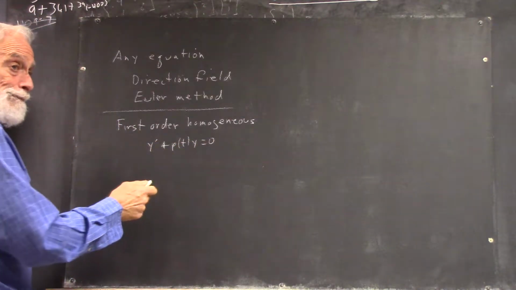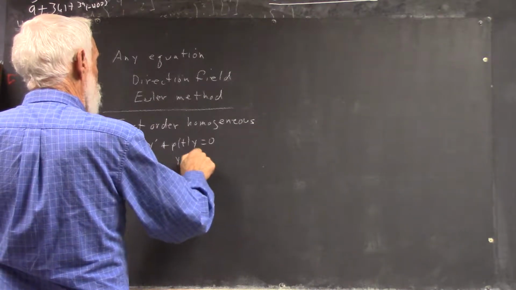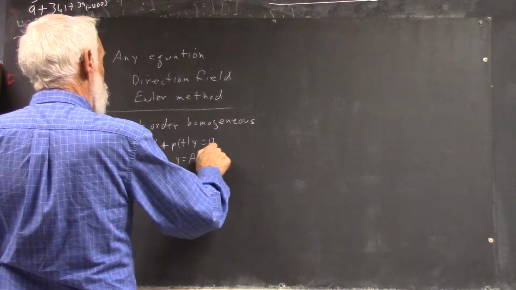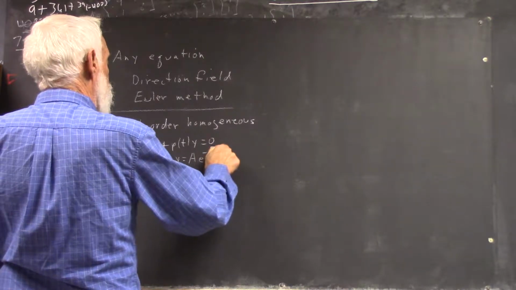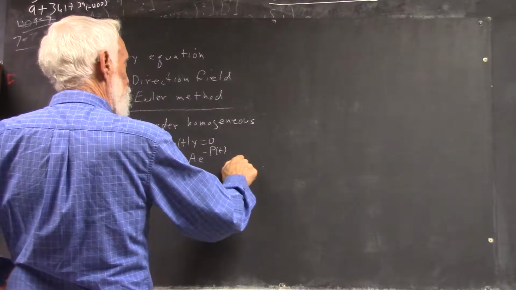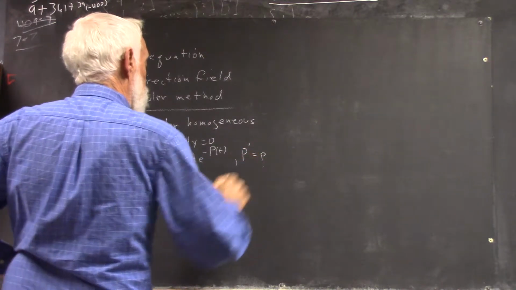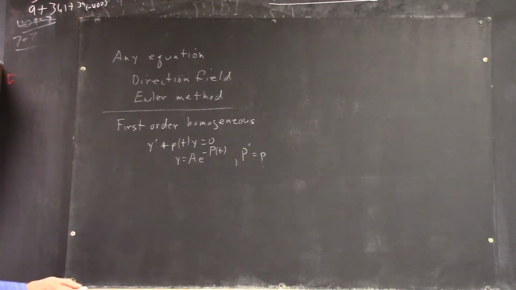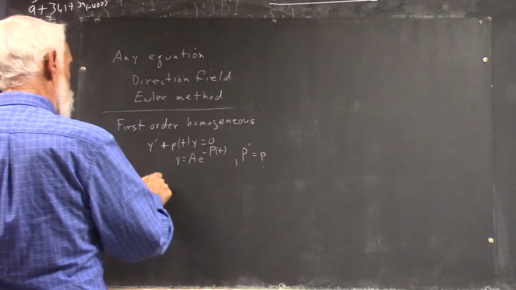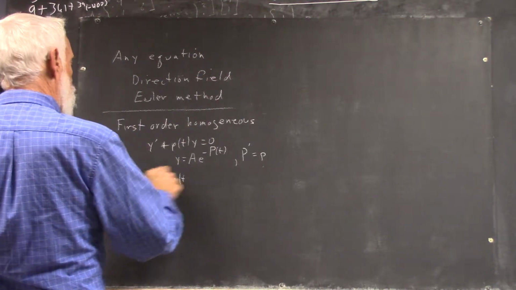Right? And your solution is y equals A e to the negative capital P of t, where capital P prime equals little p, right?